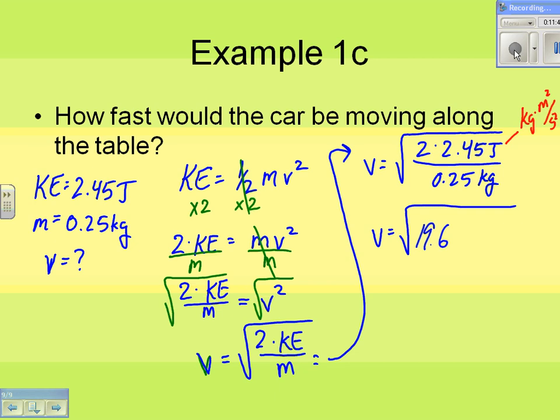If I divide that by kilograms, I cancel out those kilograms, and what's left is meters squared per second squared. If I take the square root of the number, 19.6, I get 4.43. Now, the square root of meters squared divided by seconds squared, I just knock off that little square, and I get meters per second, which is a very nice unit to measure a velocity.